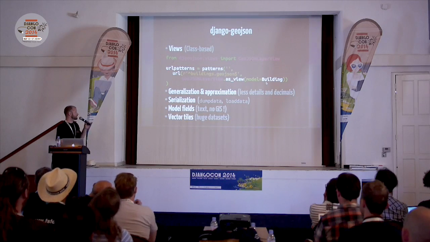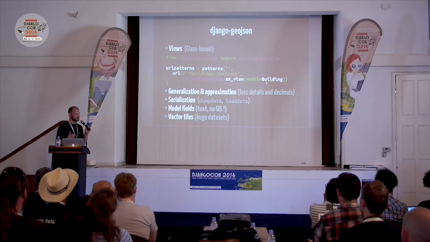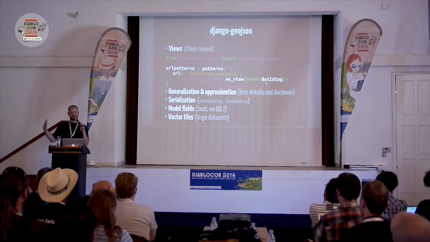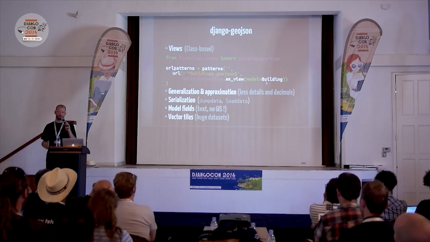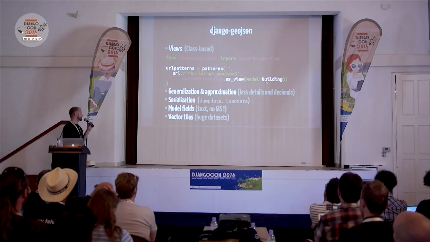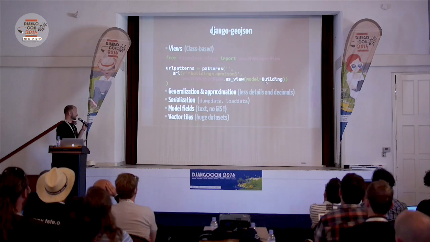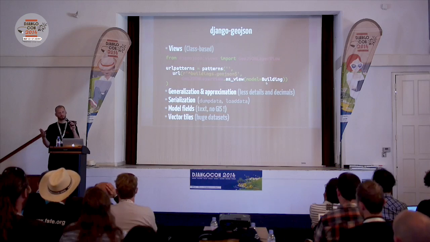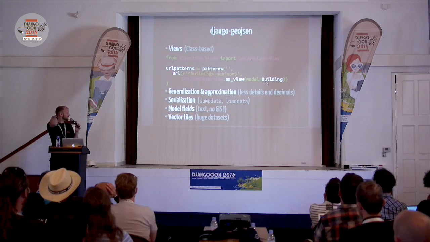I wrote Django GeoJSON to serialize database records as GeoJSON very easily. It's a set of class-based views. It will serialize the record with a set of options to either generalize the geometry, that means removing points to reduce the resolution, or remove decimals, because the 6th decimal is around 1 millimeter.